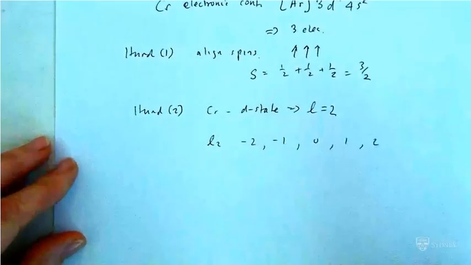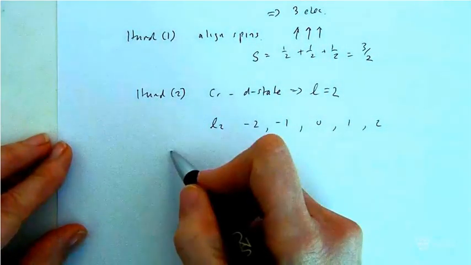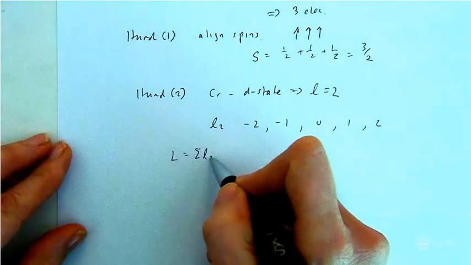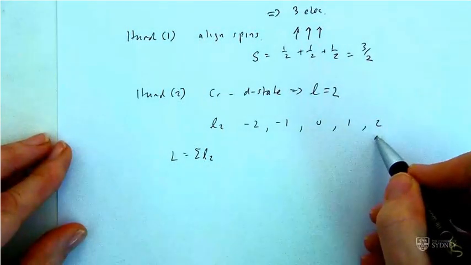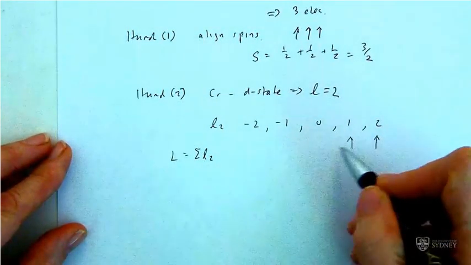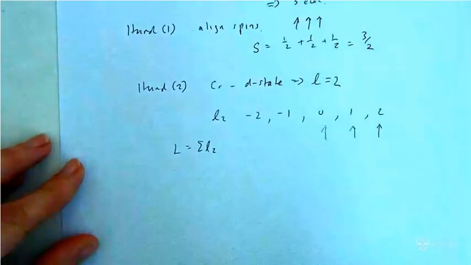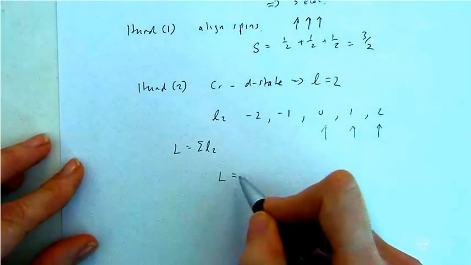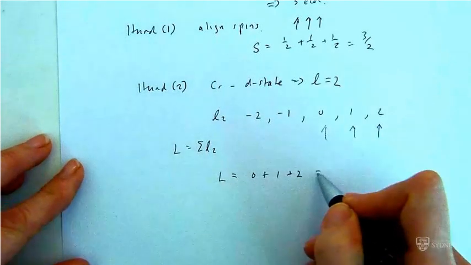Okay, and we know that we have to maximize L. Big L equals the sum over the small l. We need that to be maximum. So we put the electrons in the 2, 1, and 0. So big L will then equal 0 plus 1 plus 2 equals 3.